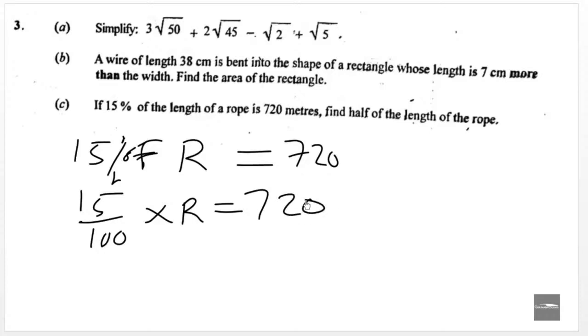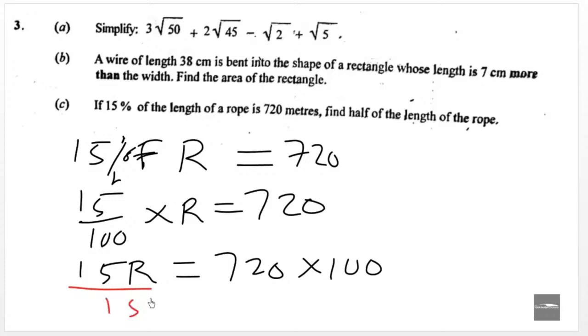So we need to simplify by multiplying through by 100. So we are going to obtain 15 times r is equal to 720 times 100. So we can divide both sides by 15. So 15 will cancel 15.